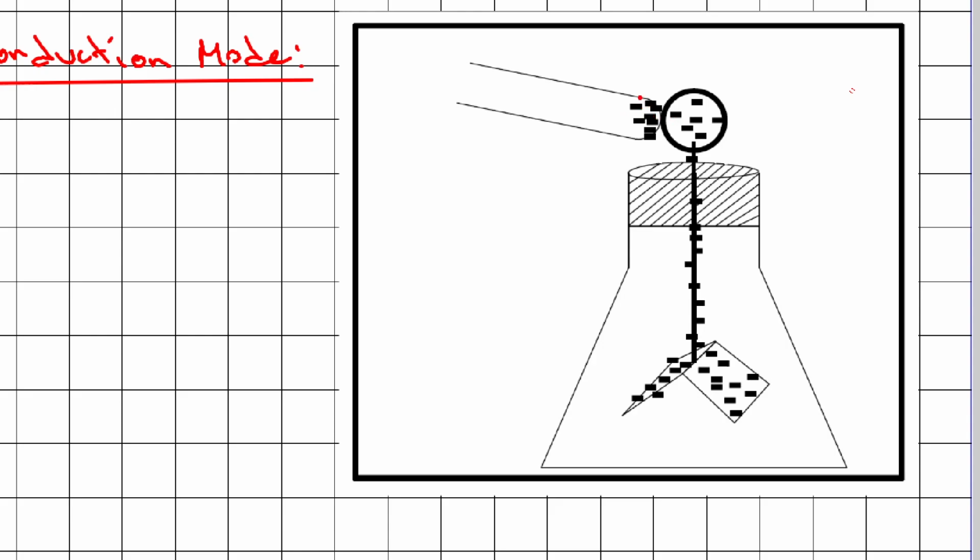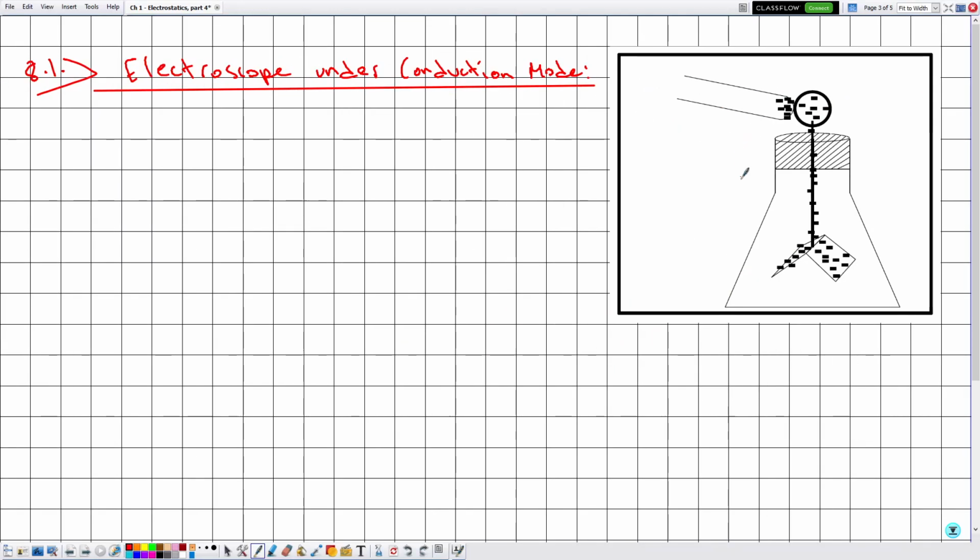The electrons will migrate from the ebonite to the knob, stem, leaf system. They're gonna reach the leaves, which are very far away, and because these two very light leaves carry negative charges, they will repel, because like charges always repel. When they repel, this is an indication that the ebonite is initially negatively charged.